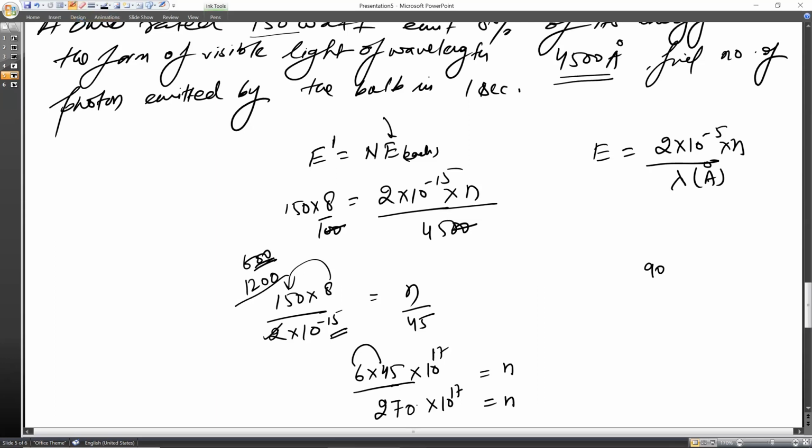So when you put this one, the decimal is positive, power is positive, so in standard form you will write it as 2.70 into 10 raised to the power positive 19. This one is the answer. Got it? Yes, sir. You understood this one? Okay.